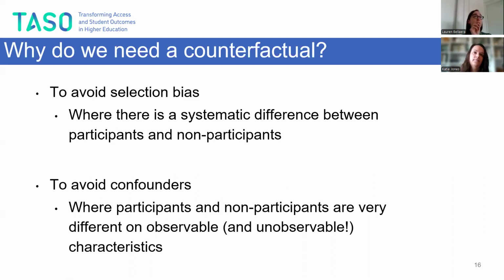Where participants and non-participants are very different on observable and unobservable characteristics, we want to avoid that, because we want to be really confident that what is causing the outcome is the intervention and not the confounding variables. We'll talk a little later about some of the techniques around matching, for example, making sure there isn't a systematic difference between your two groups, but also that we've accounted for any confounds.